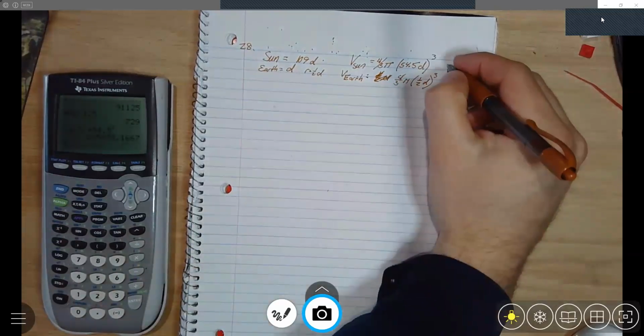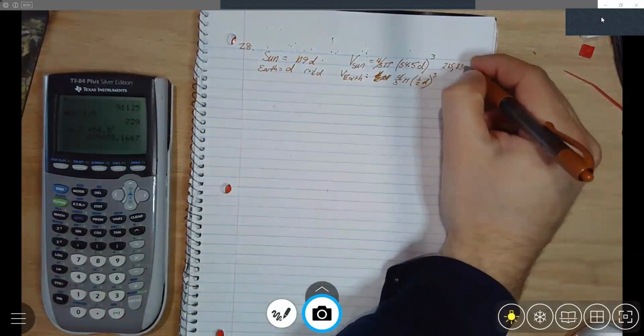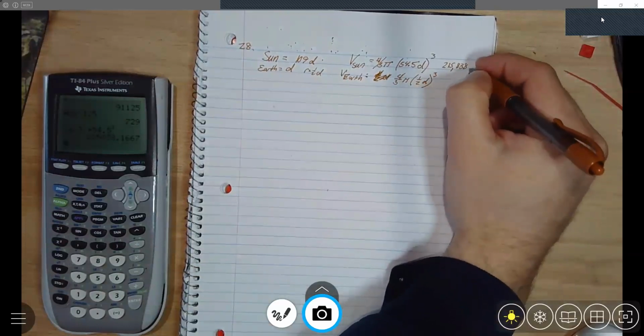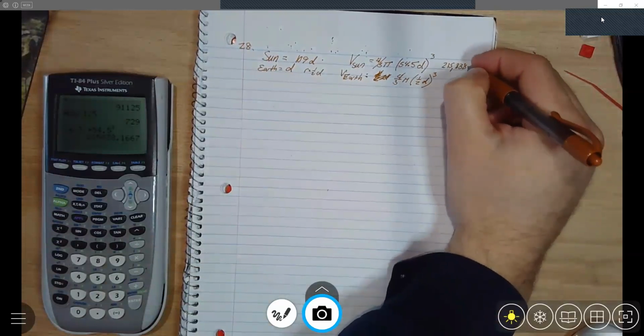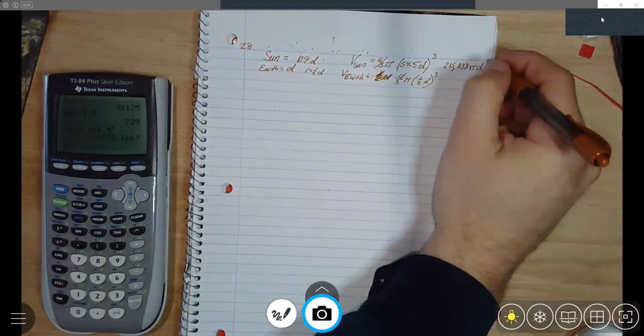So we're going to get this really big number, 251,838, approximately pi times d cubed.